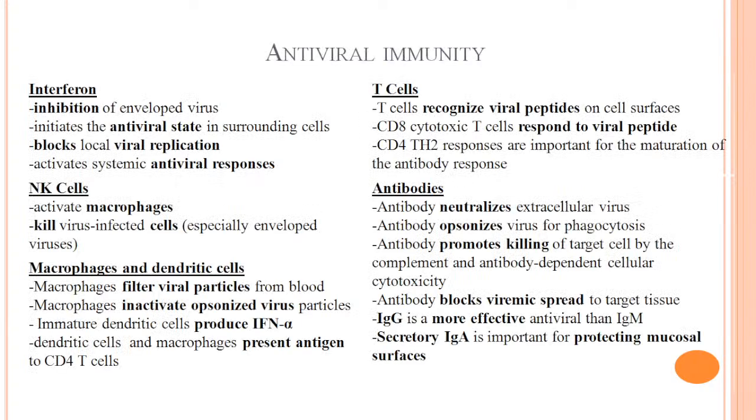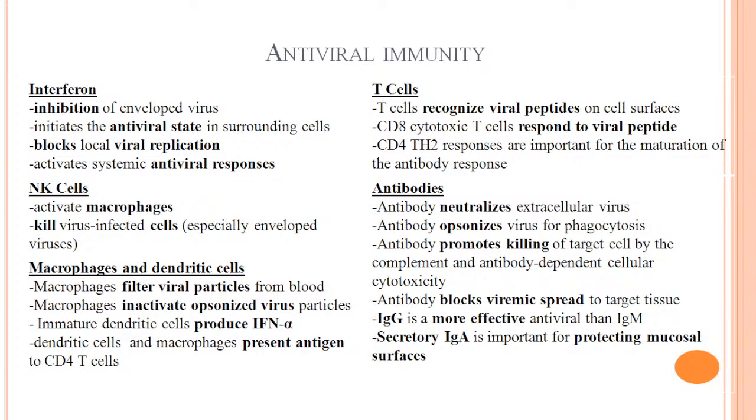We will talk about viruses in microbiology in lab lectures. Viruses are distinguished from bacteria, and these infections are distinguished from bacterial infections. That's why there are some differences in antiviral and antibacterial immunity.